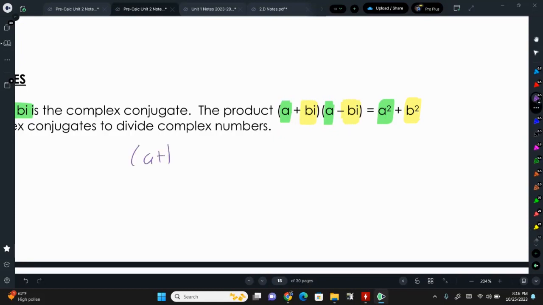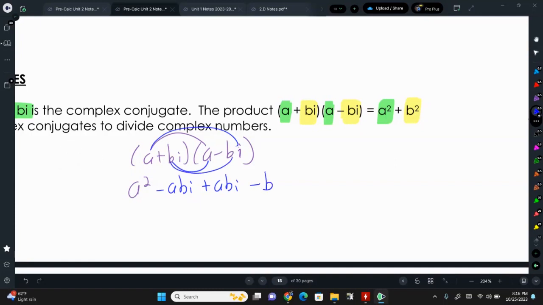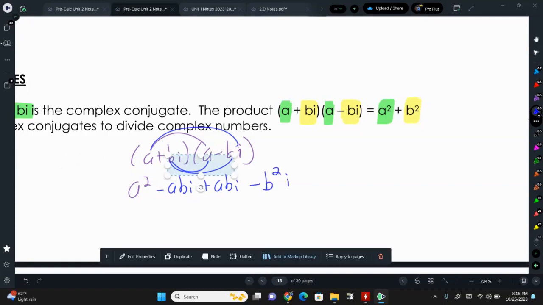If we do a plus bi times a minus bi, and you FOIL that, you get a squared, and then minus abi plus abi, because when we multiply, the order doesn't matter, minus b squared i squared, which is -1.